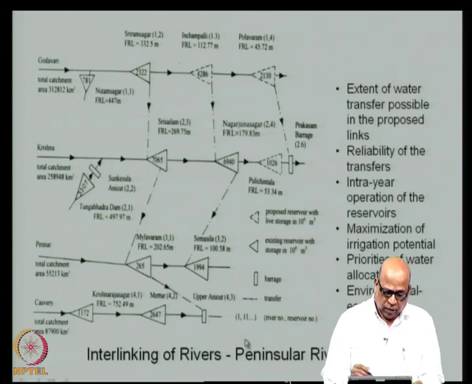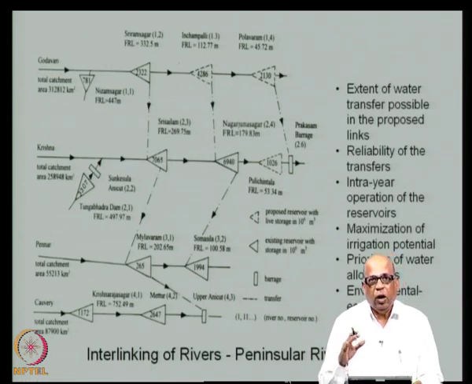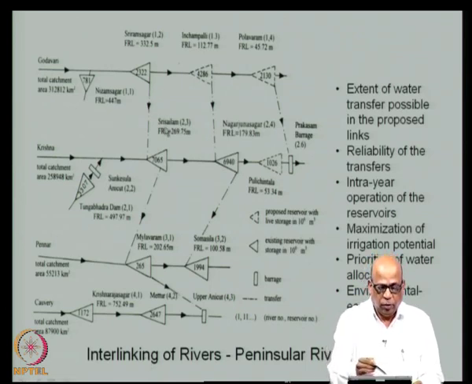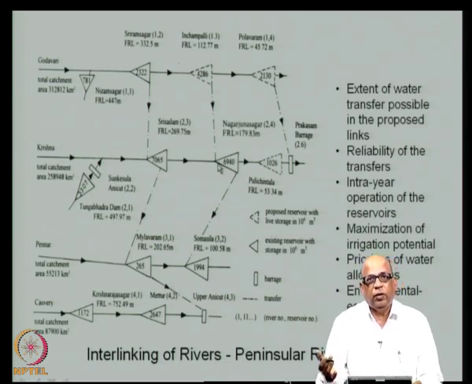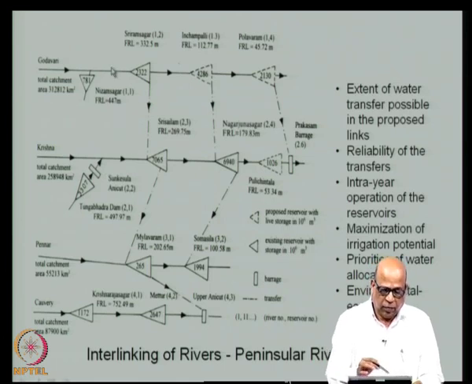The way you go about it is to build a system simulation model, where you are able to simulate the entire system, how the system is likely to behave once you put these links with given dimensions, with given gravity flow, pumping flow, combinations of the two, and so on. So, when you have the physical system in place, you reproduce the behavior of the system mathematically on a computer, and that is what is called a simulation. So, you simply mimic the behavior of the system through simulation.